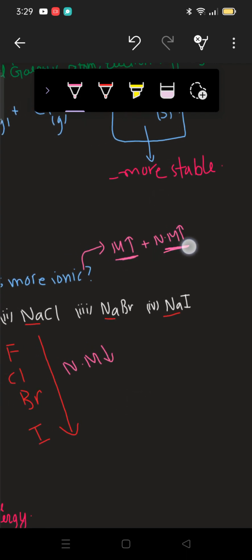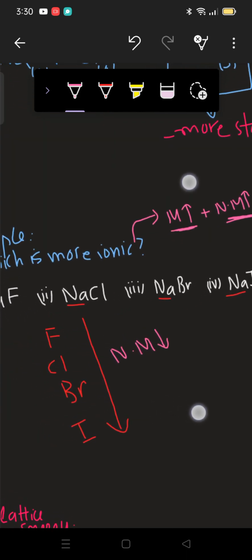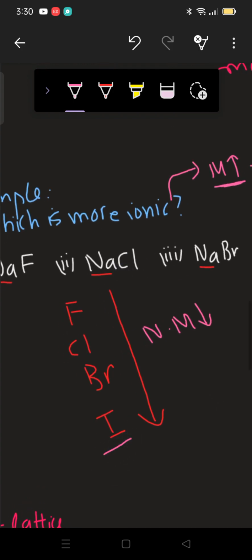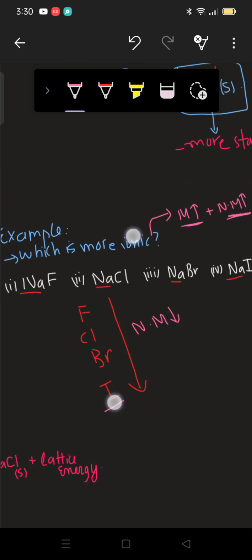Now the metal is the same in all four, so the non-metal character must be higher, which means iodine will have lower non-metal character. Bromine will have a little bit more than iodine, then chlorine a little bit more than bromine, but fluorine will have more non-metal character than all of these three.